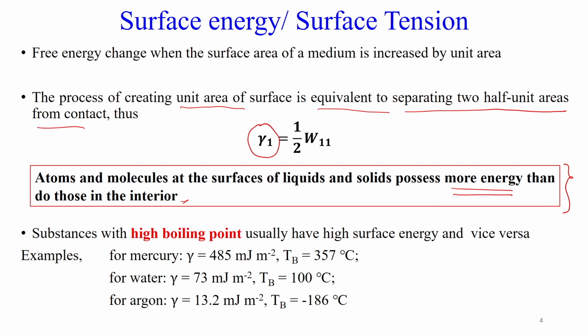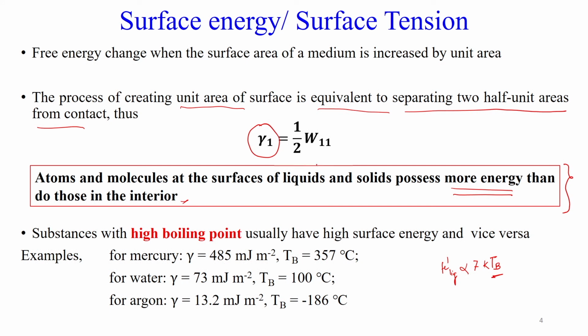Now, if you remember, in the last class we discussed the work of adhesion, or you can say the self energy, and the self energy was defined as mu of the liquid proportional to 7 times kT, where k is the Boltzmann constant. So, what it says is if the intermolecular interaction is high, it is going to have a higher boiling point.